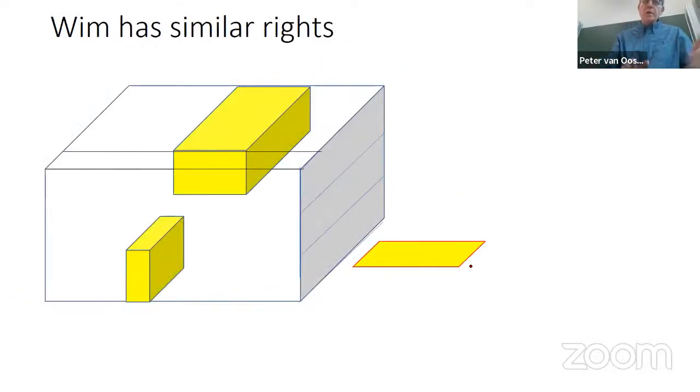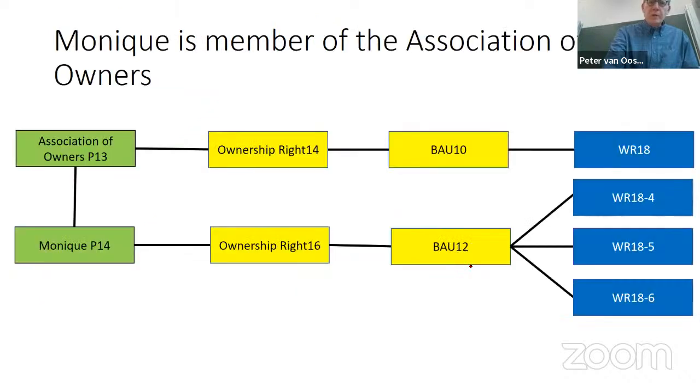Of course, the building is full with other similar rights. I will not go over the whole building. But if we look at the situation of Monique, so Monique has the private rights, but Monique is also a member of the Association of Owners.